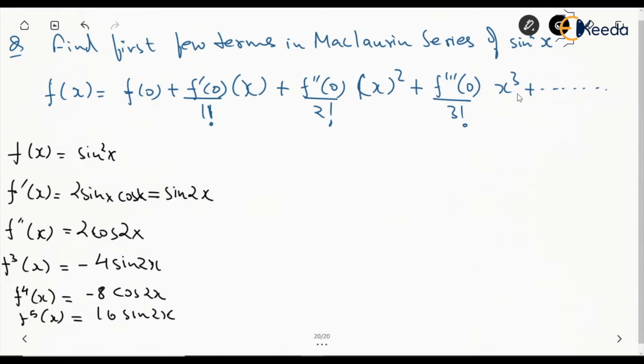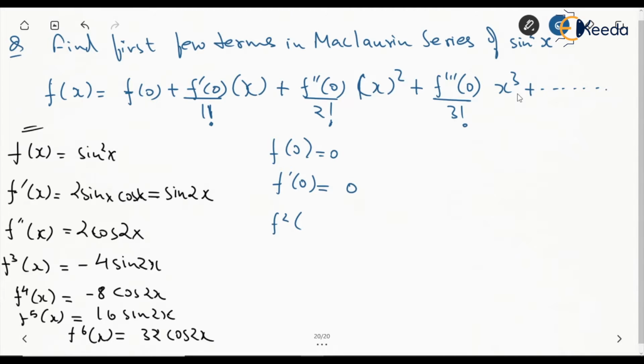And so on up to the sixth derivative, right? And of course we have to find these values at a equal to 0 or x equal to 0 can also be put for these derivatives, right? So we can say f of 0 will be 0, f dash of 0 will also be 0.